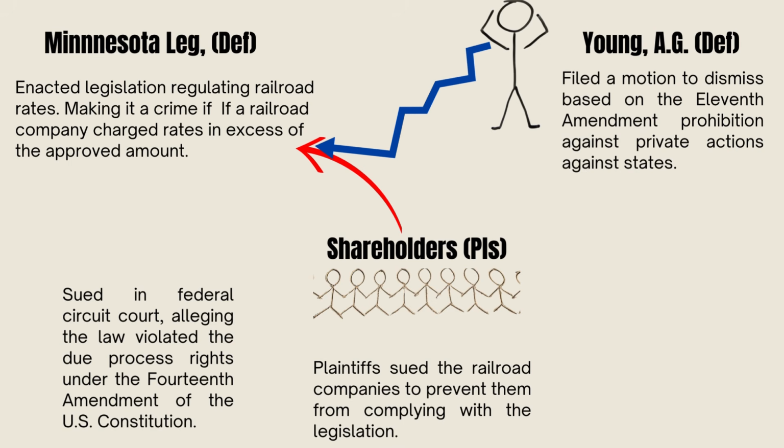The shareholders also sued the railroad companies to prevent them from complying with the new legislation. Next, the Attorney General, who is also a defendant, filed a motion to dismiss based on the 11th Amendment prohibition against private actions against states. In other words, the Attorney General wanted the legislation to be enacted and law.